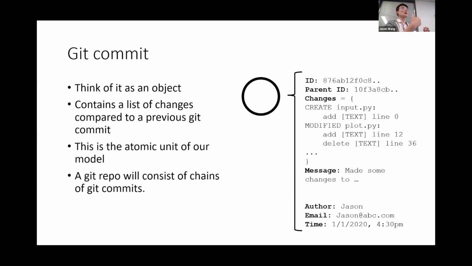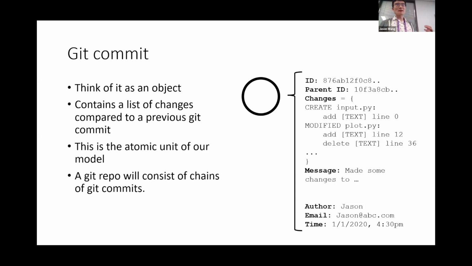It has a message, which is the -m you always use when you do git commit -m, stored in the commit as an attribute. It also has metadata, such as the author of the commit and the author's email. The email is actually what GitHub uses to track who contributed what and to link your Git commit to an account on GitHub. And then the time of the commit as well.